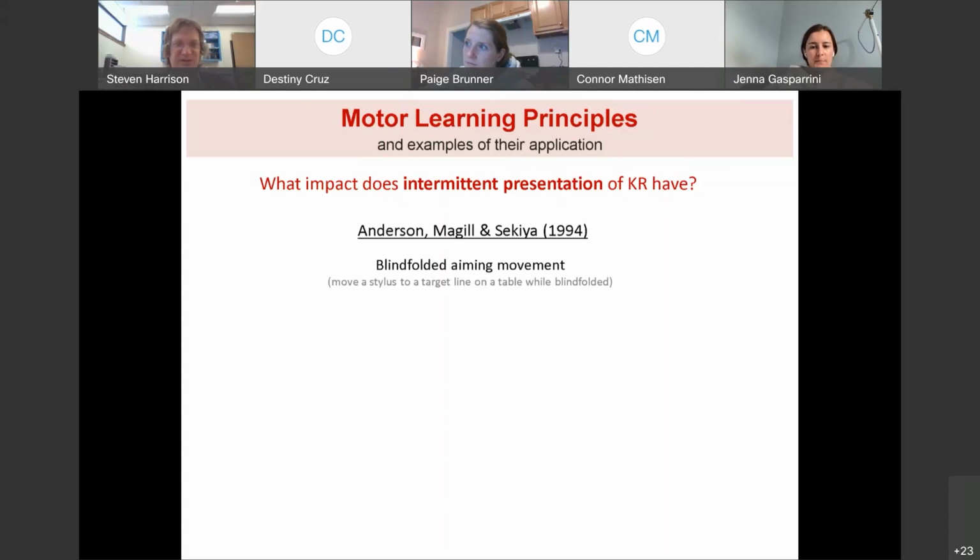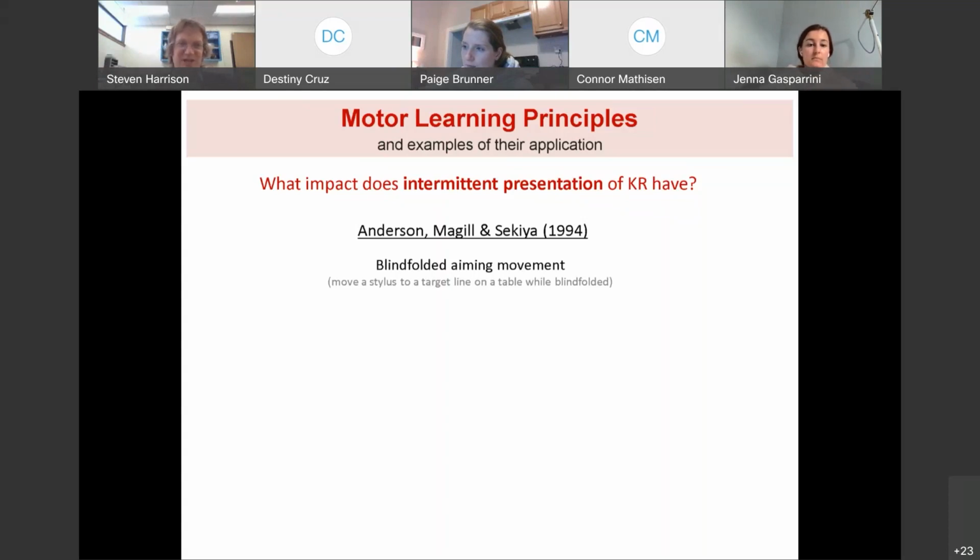So again, if you had your eyes open in this particular case, the intrinsic feedback that you get from your sight of seeing whether or not you hit the target is potentially going to make the kind of feedback that we're providing here not amazingly useful.